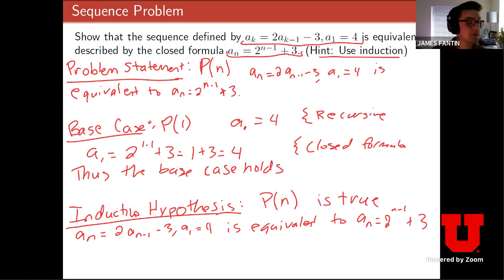This will be the important substitution we use later from our inductive hypothesis. Whenever we're doing induction, there's always some point where we use the inductive hypothesis to substitute what we've assumed it to be equivalent to. Any questions on the first three parts of induction here?